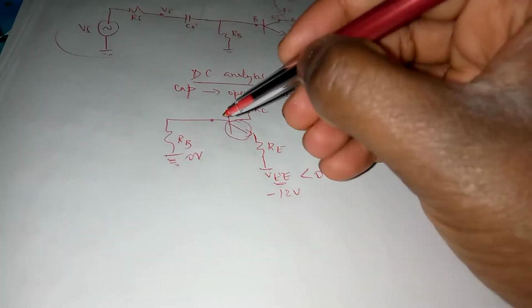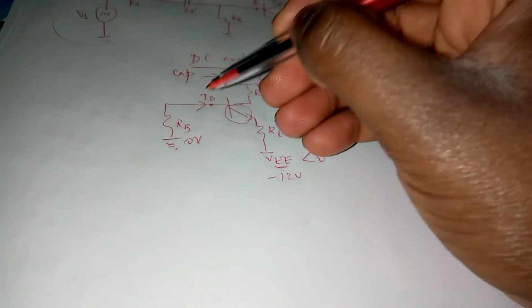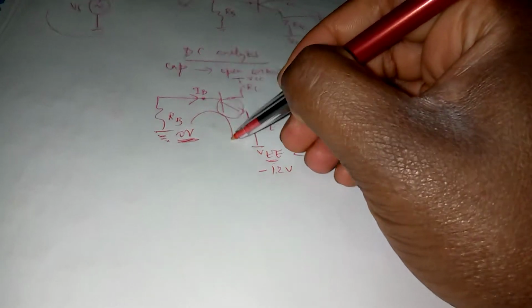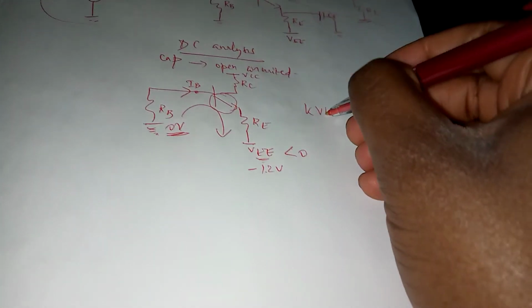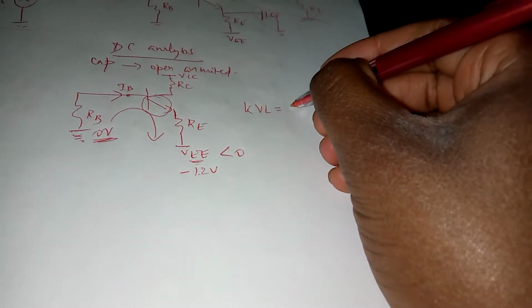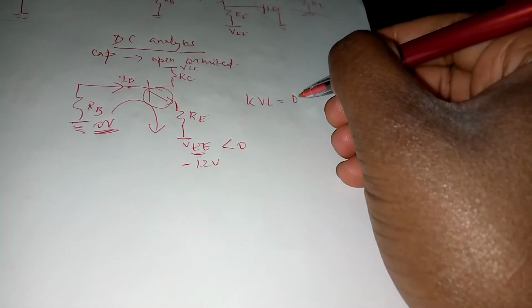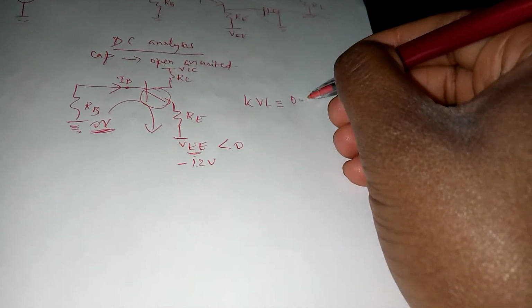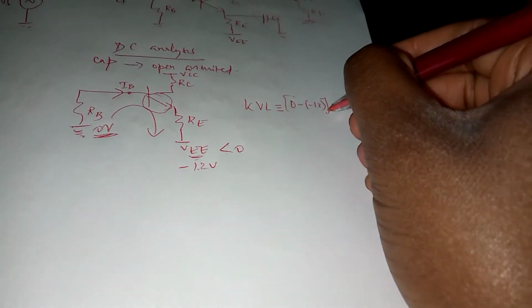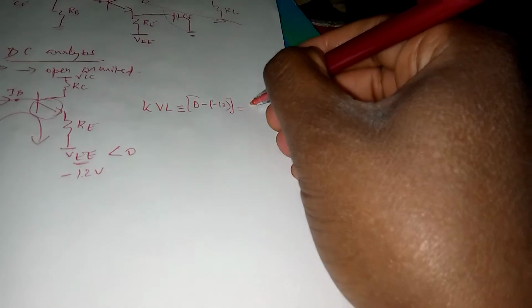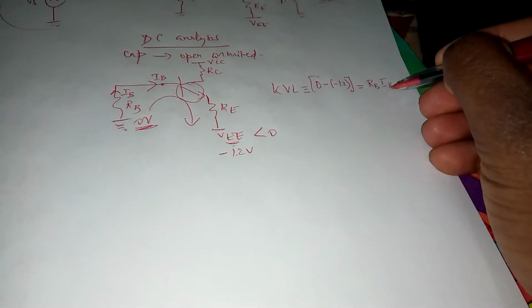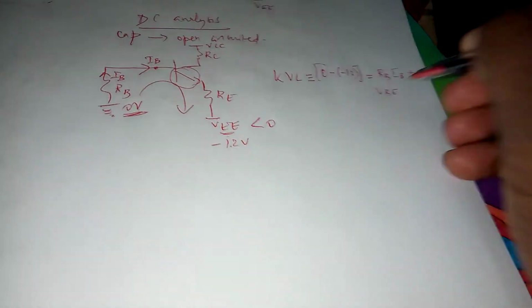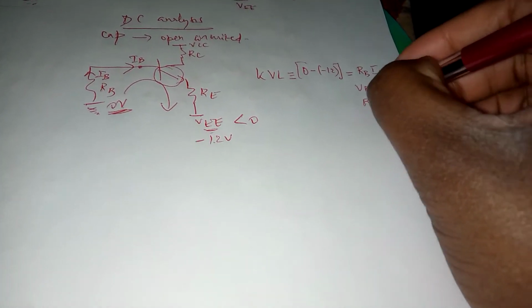So to do the analysis, we're going to have IB flowing there from high voltage potential, which is 0, towards a negative voltage source. If we consider this loop there, Kirchhoff voltage law will give us, as we go from 0, minus 12, must be equal to RB times IB, because IB is the current that flows through RB, plus VBE plus RE IE.